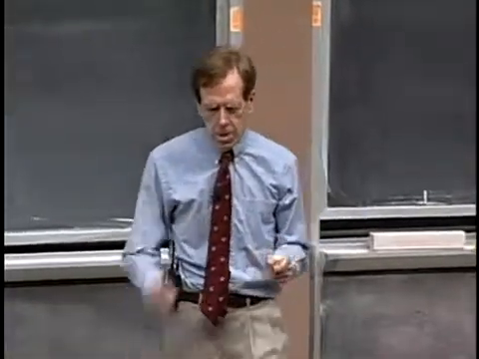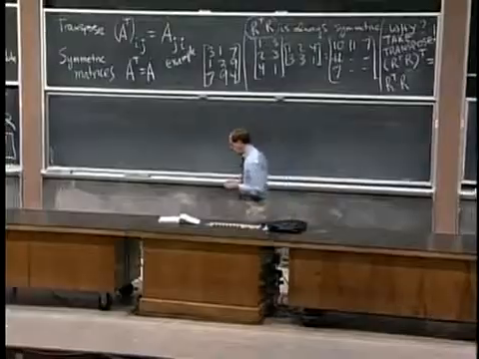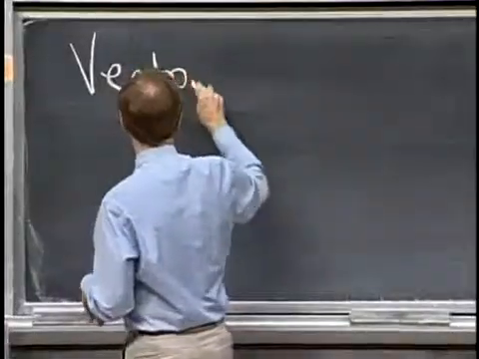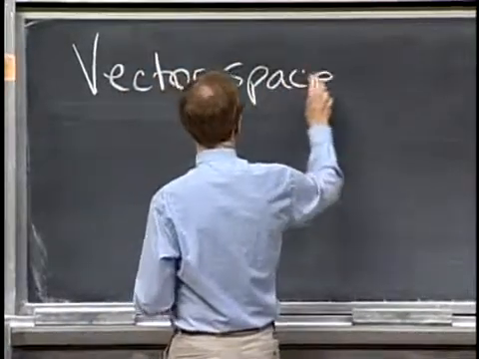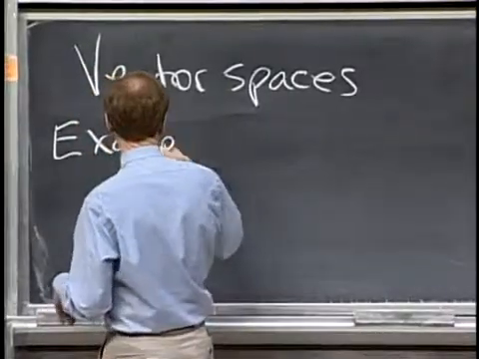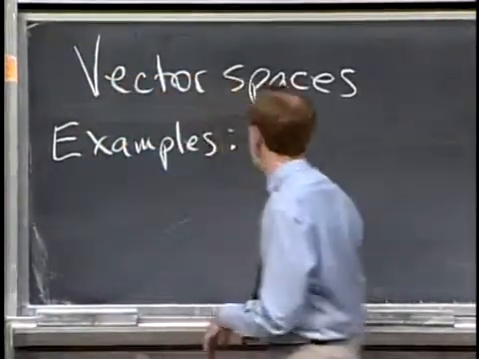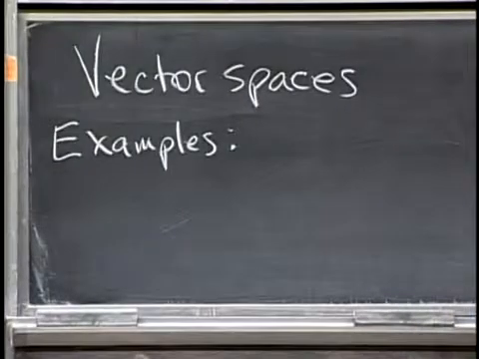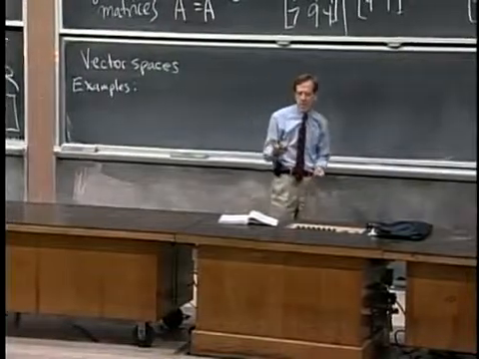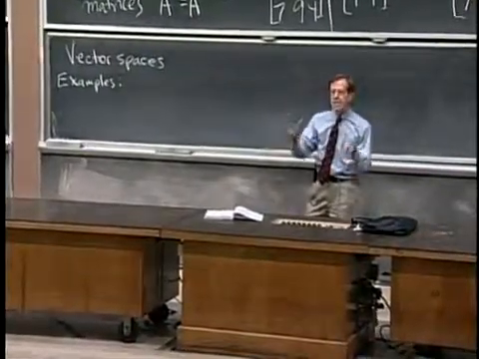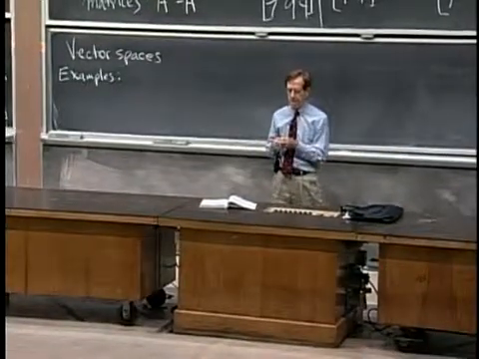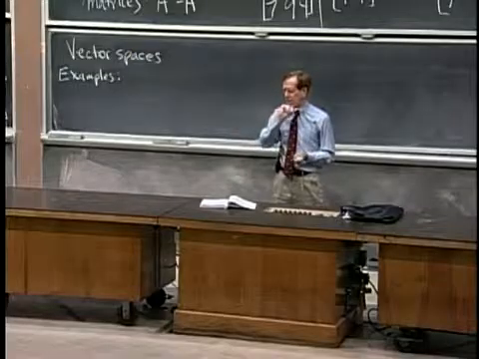Okay, so let me start with examples. So I'm talking now about vector spaces. Let me say again what this word space is meaning. When I say that word space, that means to me that I've got a bunch of vectors, a space of vectors, but not just any bunch of vectors.